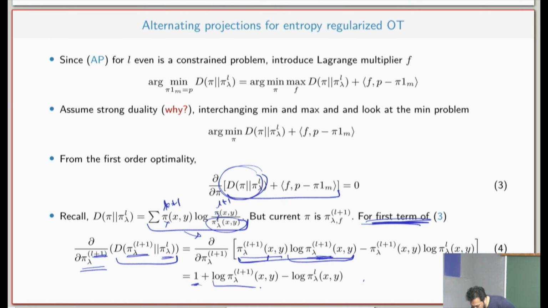So that gives me the second one, because it is of the form x log x, right? So essentially we are doing that. And then for the second derivative here, this is with respect to pi l plus 1, right? So since this is with respect to pi l plus 1, the only thing left after the derivative is log pi l xy. So that's what we have written here.